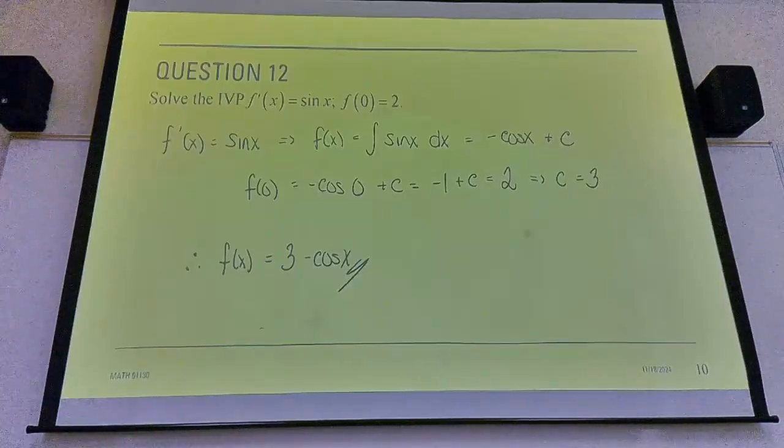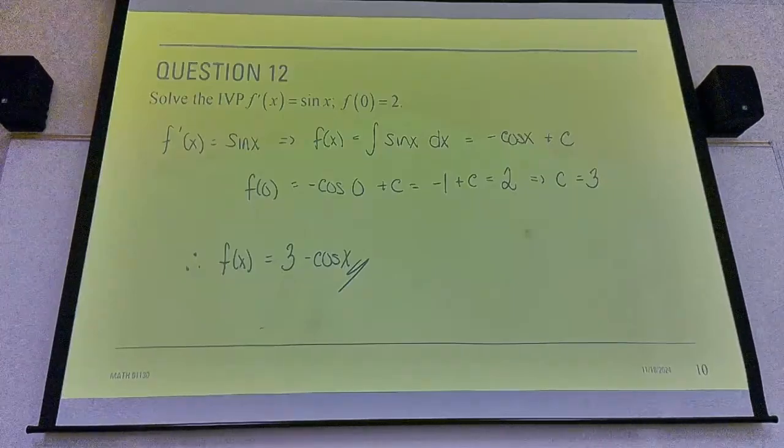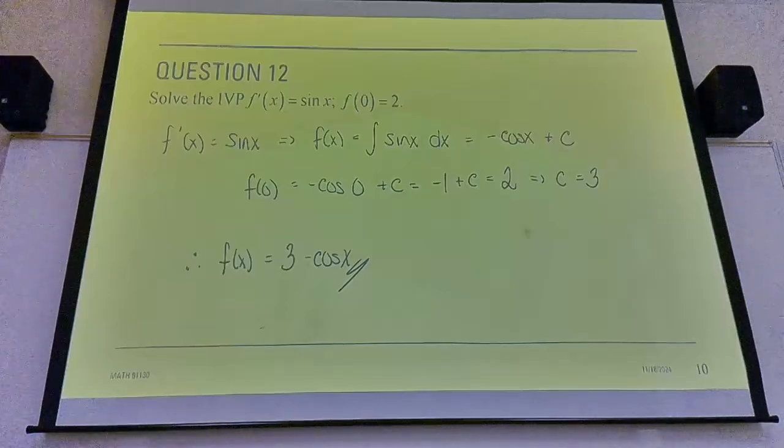There's the solution to this initial value problem. F of x is 3 minus cosine of x. So an initial value problem gives you a single solution, because now it has to satisfy a specific condition, which means you're only going to get one value for c.